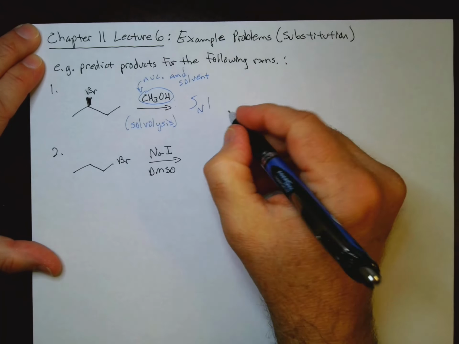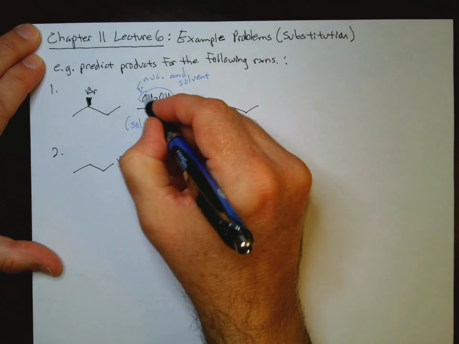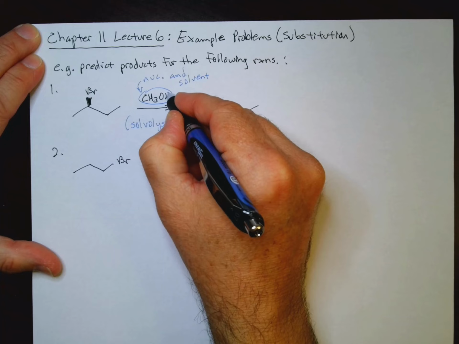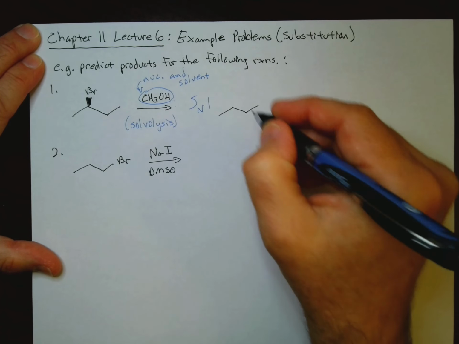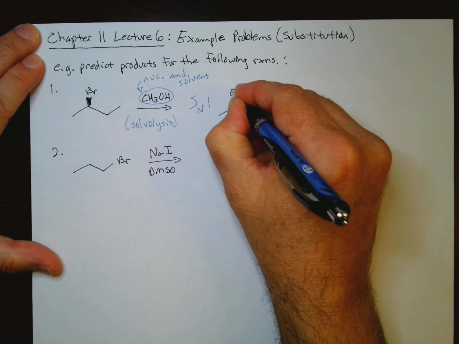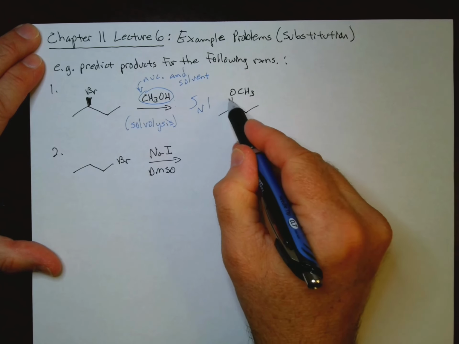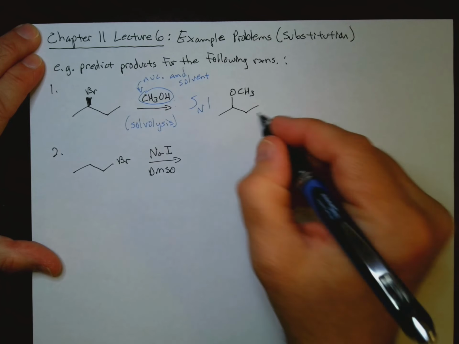So what's my product going to be? I'm going to replace my bromine with this CH3OH, except I'm going to lose this hydrogen because I have to end up with a neutral molecule at the end. So OCH3. It's fine to write it like this because this is undetermined stereochemistry and we have a racemic mixture.